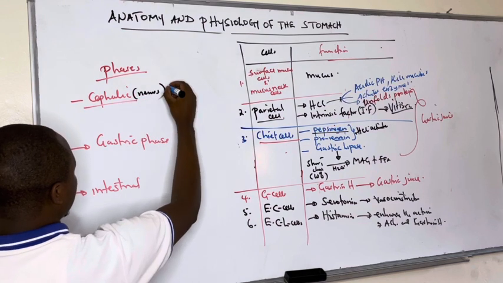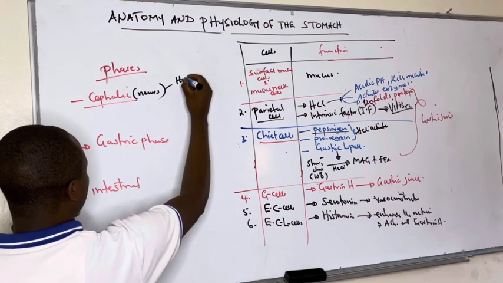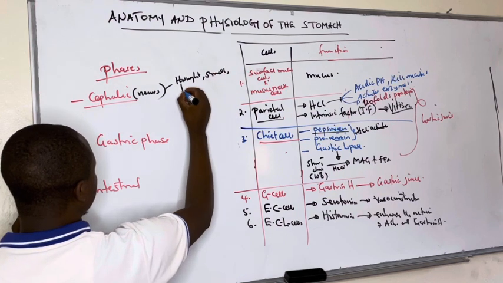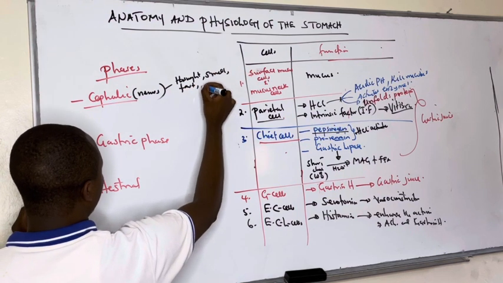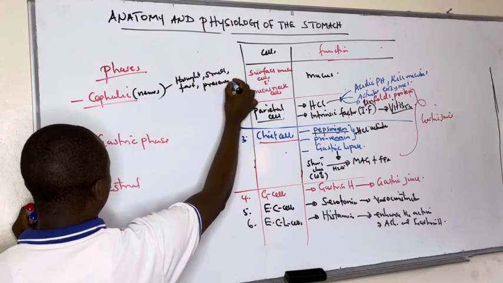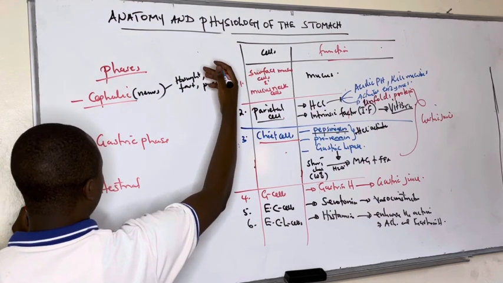The cephalic phase is just a thought. When you think about food, when you smell food, when you taste food, and when food reaches the stomach, the presence of food. Now this one is still thought.